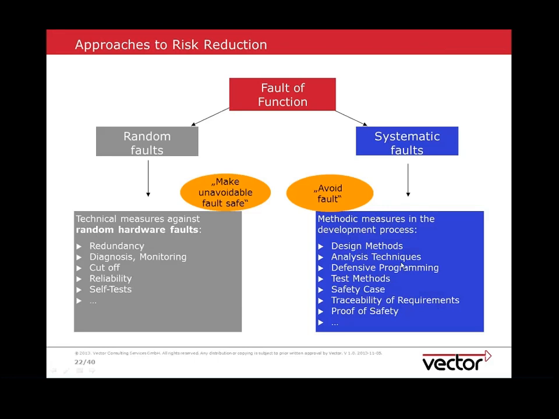They are systematic because if a defect is in the software, it remains there. It has nothing to do with age, with temperature whatsoever, which is what causes random defects. It's really there and will sooner or later hurt us. And this has to be covered by dedicated design methods, analysis techniques, traceability, defensive programming, etc.